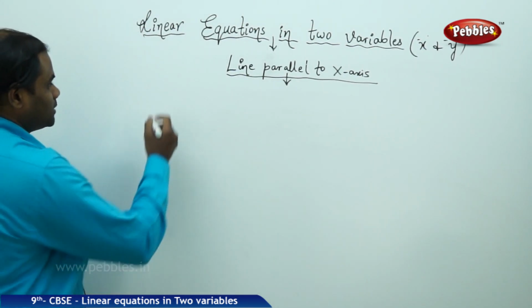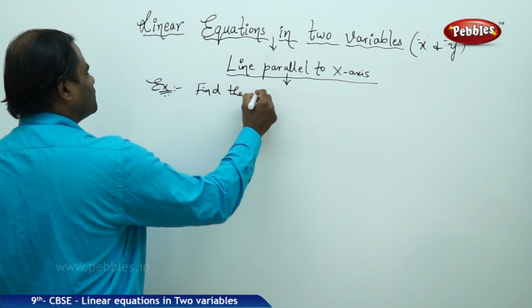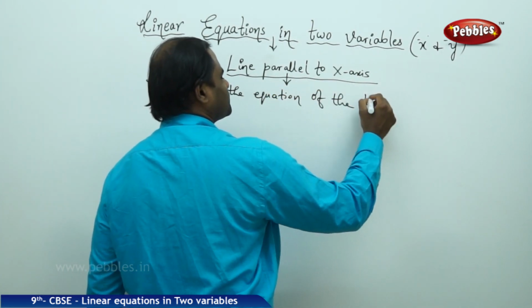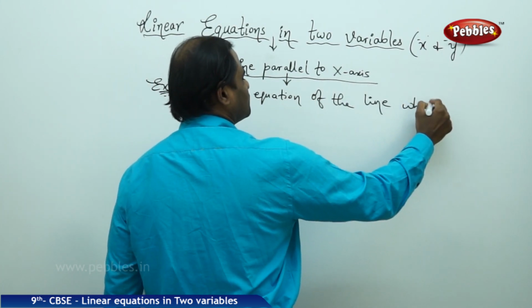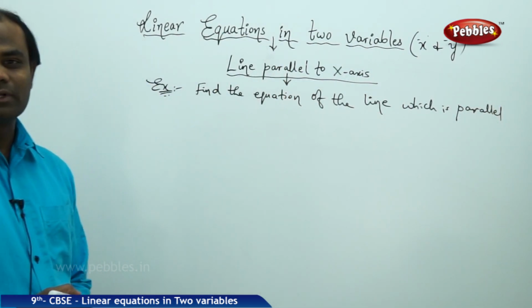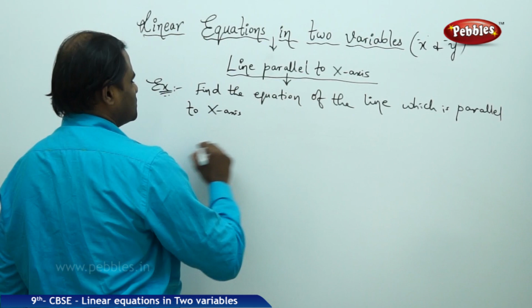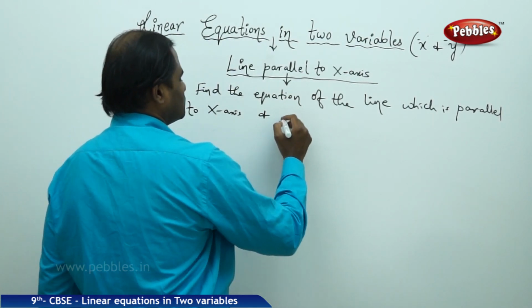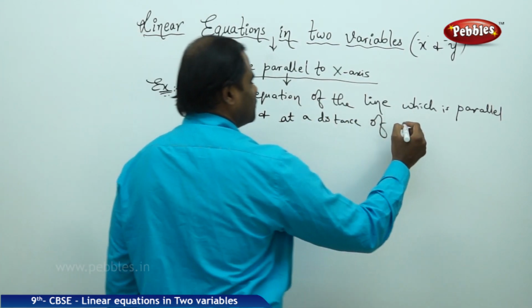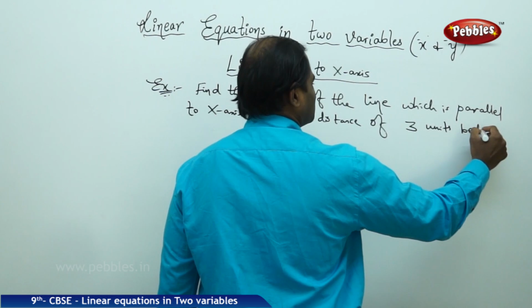The question says: find the equation of the line which is parallel to the x-axis and at a distance of 3 units below the x-axis.